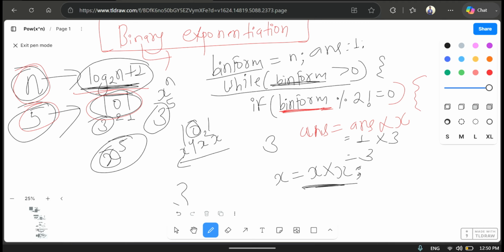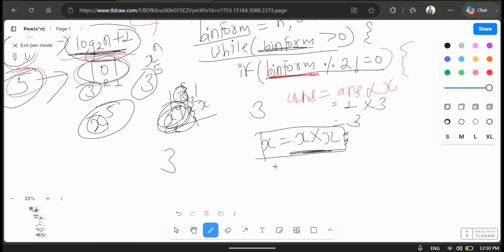We already ignored 0. Whenever we have 0 in our binary digit, this won't run, but we have to double the value, because even though we didn't get this particular value, we have to get the other value by doubling it. So that's the idea.